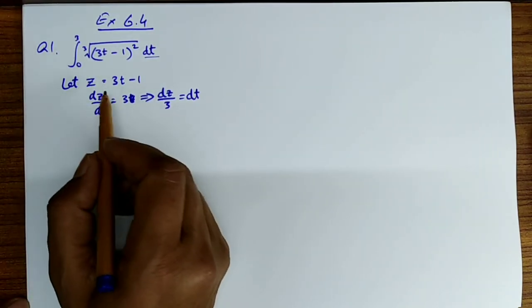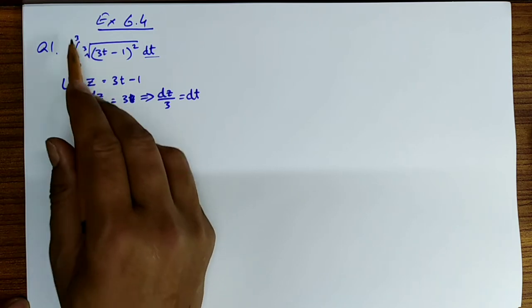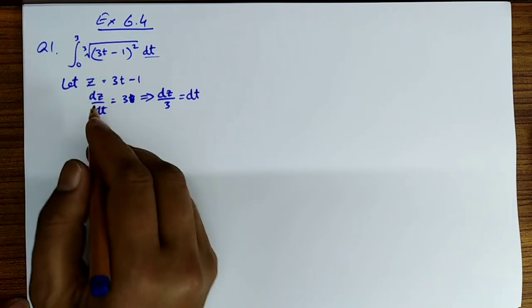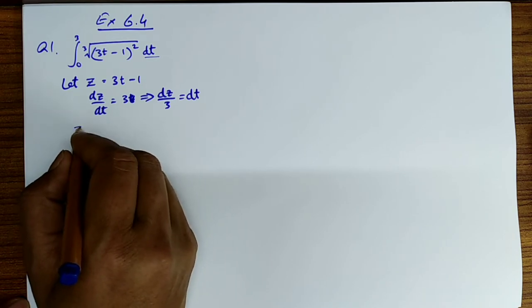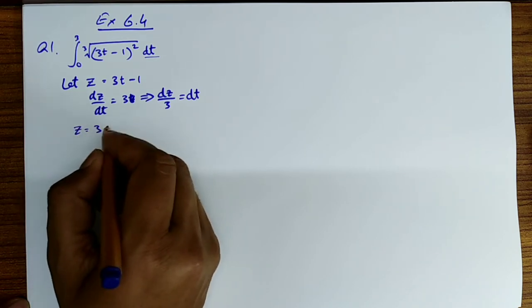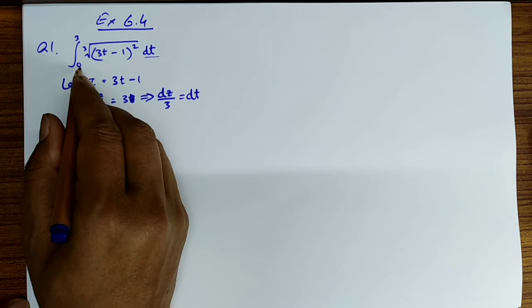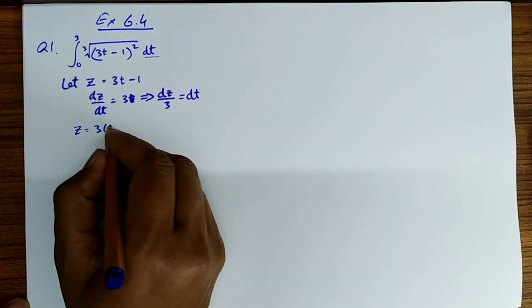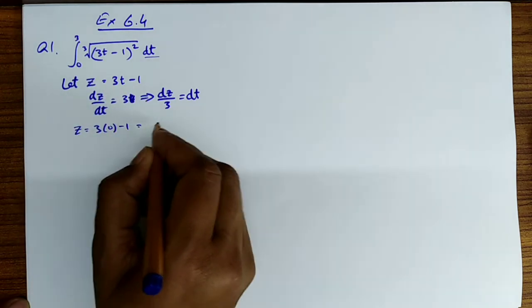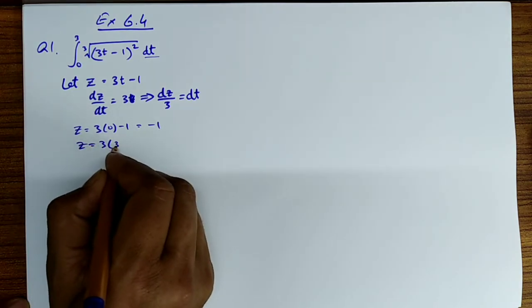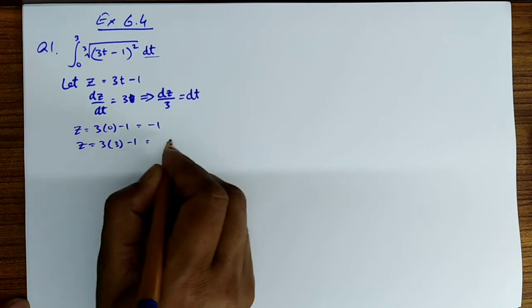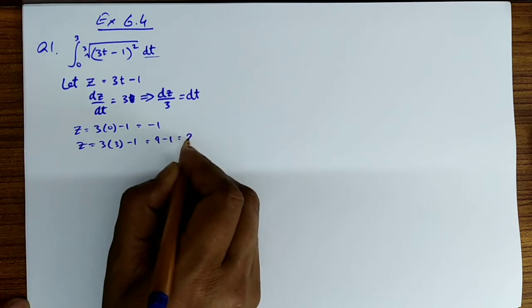So after taking this supposition, I'm going to change the limits also, right? So that is z equals 3t minus 1. First change the lower limit, that is 0 minus 1, that is minus 1, and the upper limit, that is 3 into 3 minus 1, that is 9 minus 1 is equal to 8.